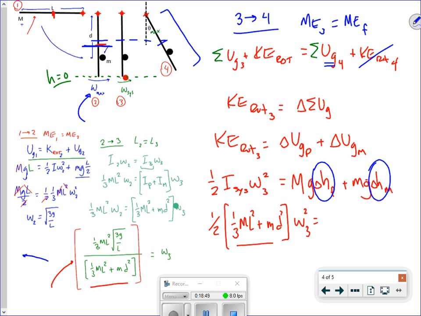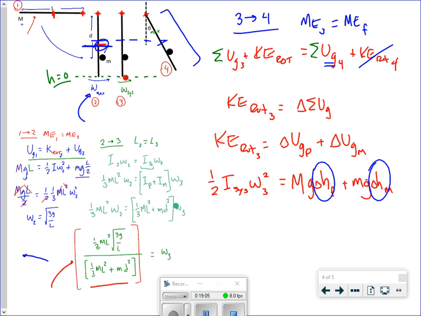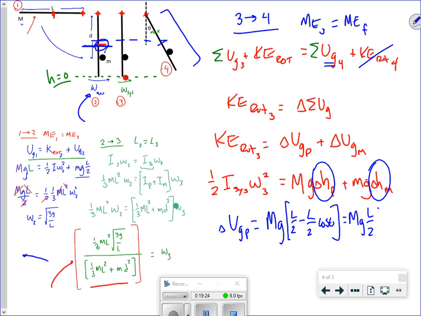Well, in this case, the kind of length that we have to use is where the center of mass is. So this turns into, let me move this. You know what? I'm going to ditch this whole thing for a second, just explicitly write that UG pendulum is mg L over 2 minus L over 2 cos theta, which is just mg L over 2 times 1 minus cos theta.